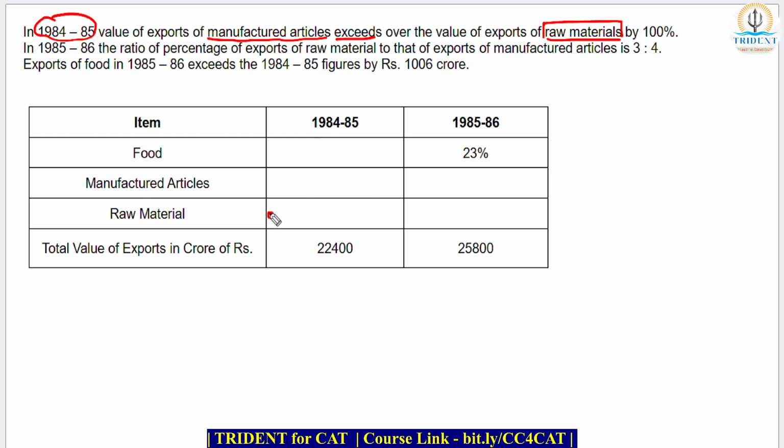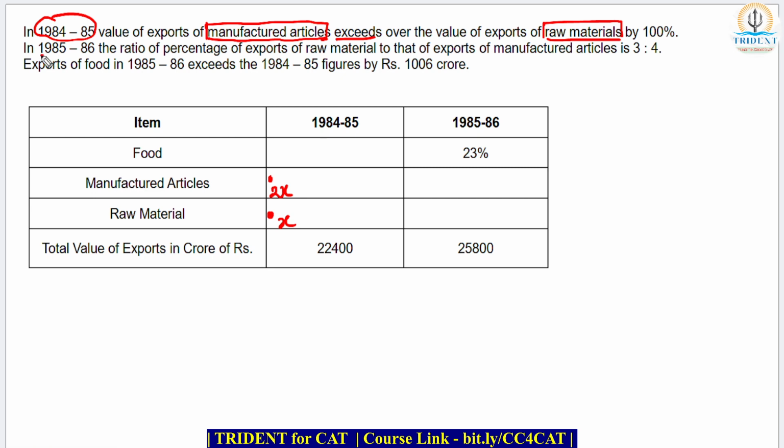That this value for 84-85 for manufactured article exceeds that of raw material by 100%. That means if this was X, now this is 2X. Exceeding by 100% is as good as having a multiplying factor of 2. That's it. I don't see anything more.